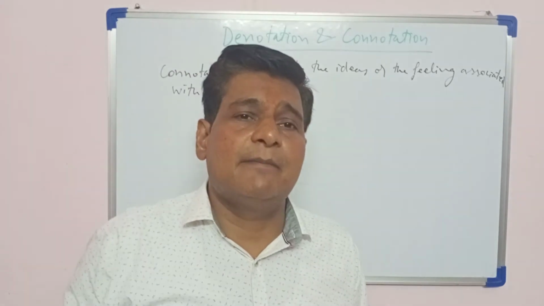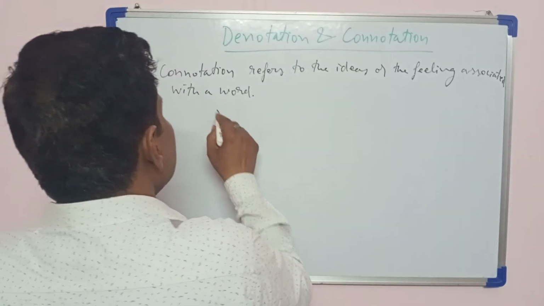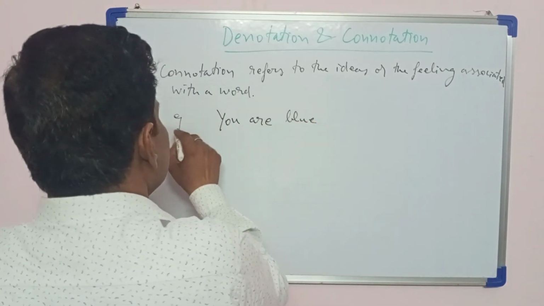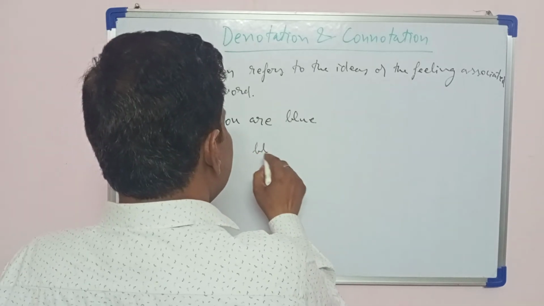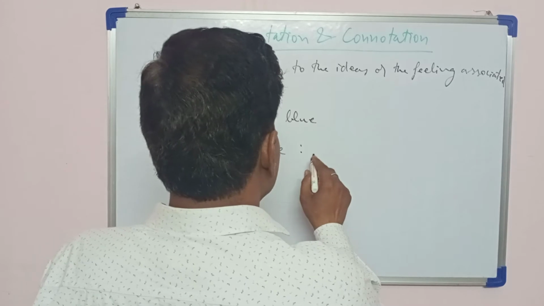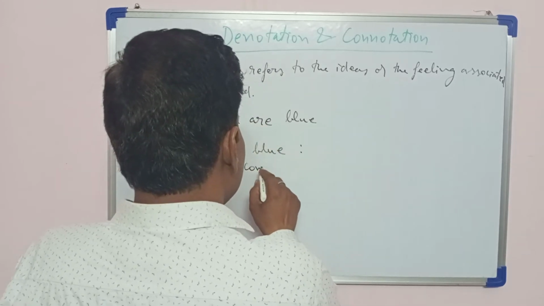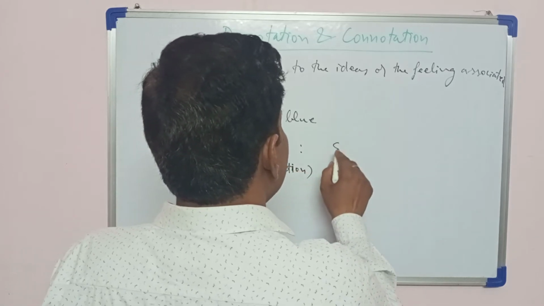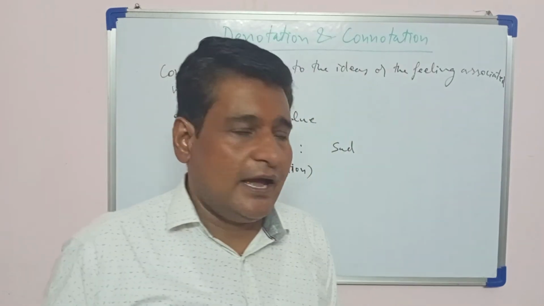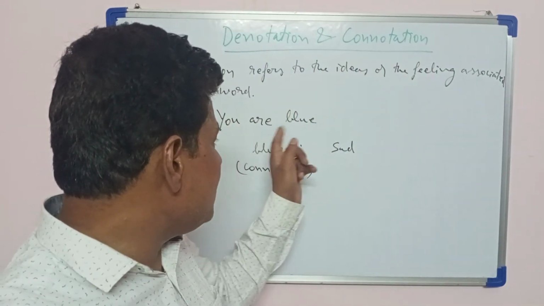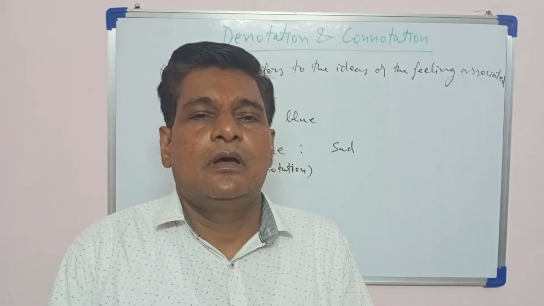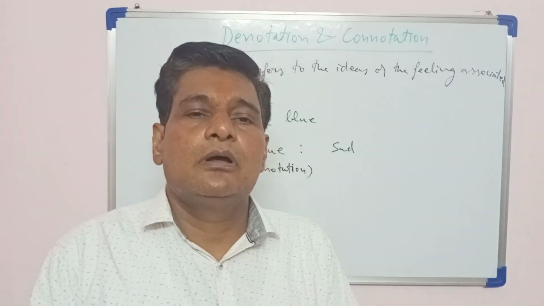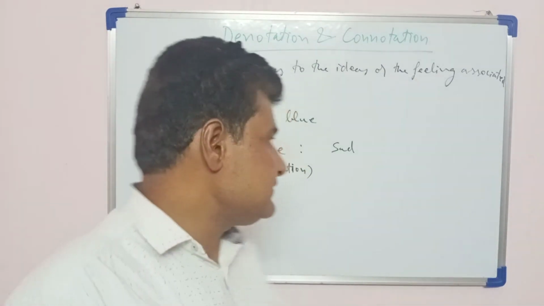If we take the previous example, you are blue, and if we refer to blue, then in connotation, if we refer to the feelings or the ideas, then it will be sad. Its meaning will be sad. So if we say you are blue, it means you are sad. This is the connotation or the associated meaning because it refers to the feelings or the ideas.